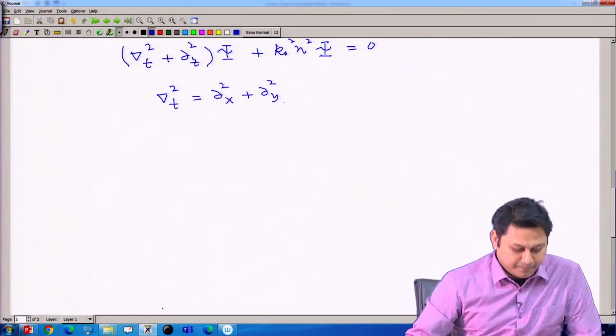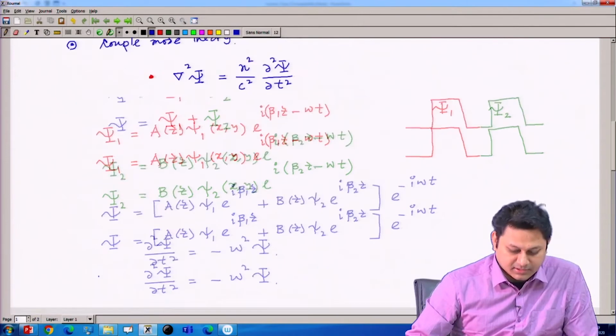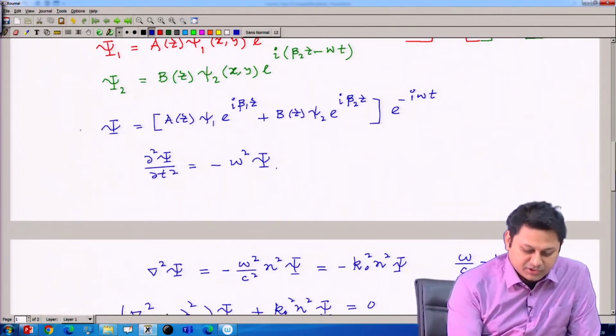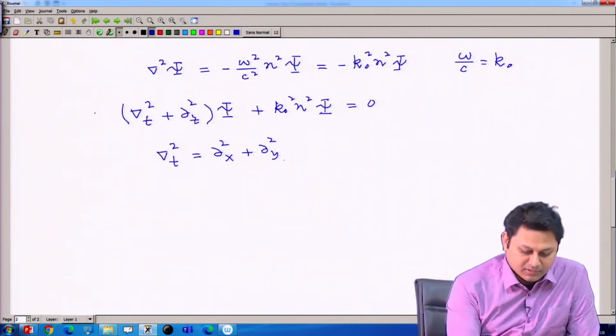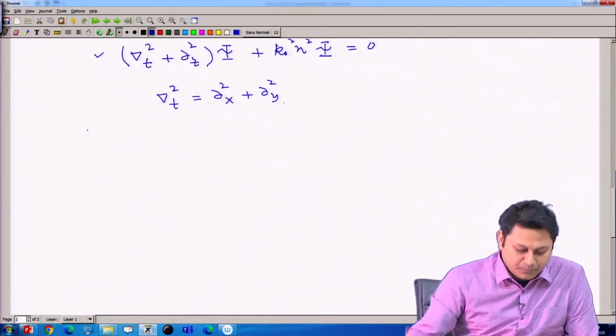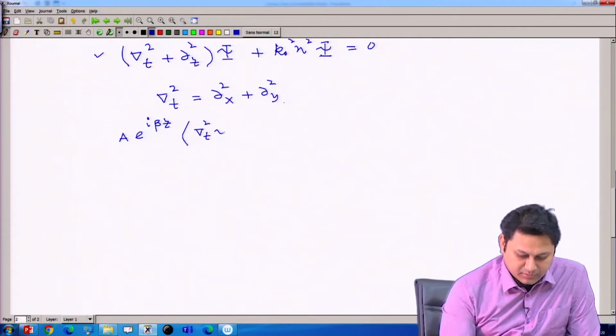It is just this derivative. Now, I put this psi, whatever psi I defined on the last page, into this equation, and if I do, I can simply have a e to the power of I beta 1 z, then the derivative with respect to x and y.